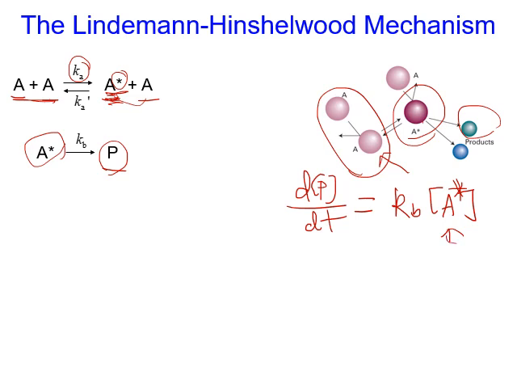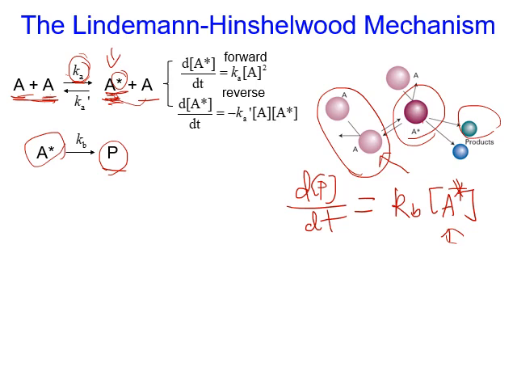All right, so we look at the first step. The forward reaction produces the intermediate. So it should be Ka, the rate constant, times the reactants, which have 2. It's bimolecular, so it's A squared. So it's Ka times A squared.